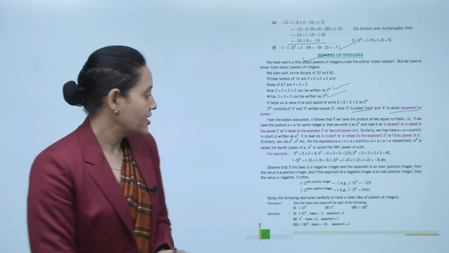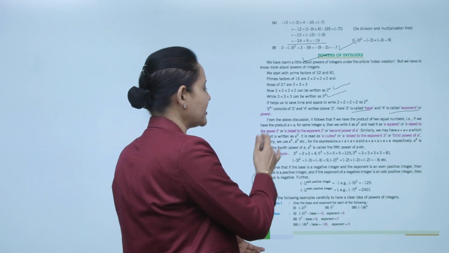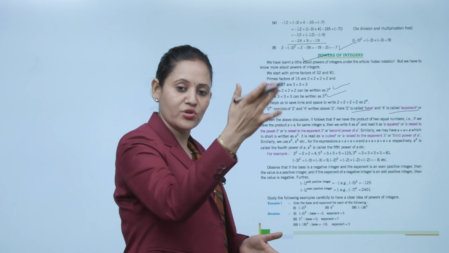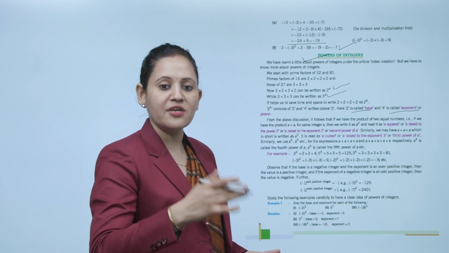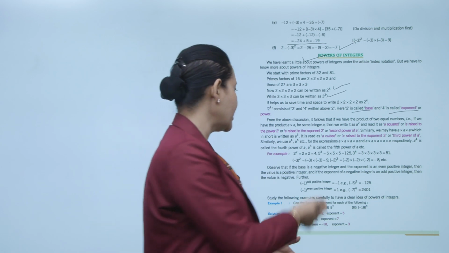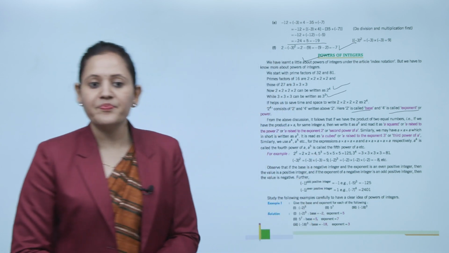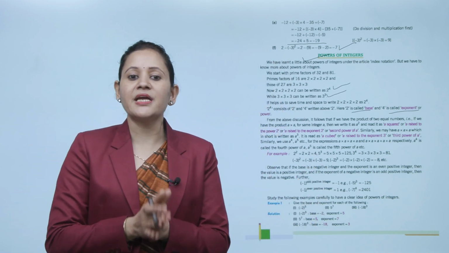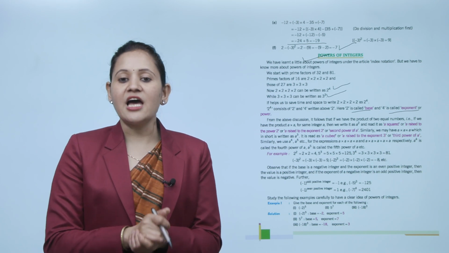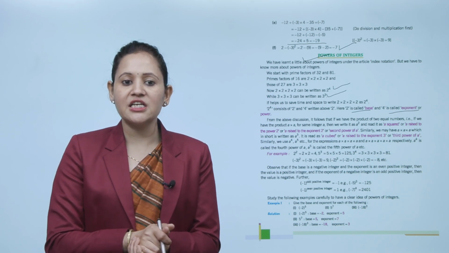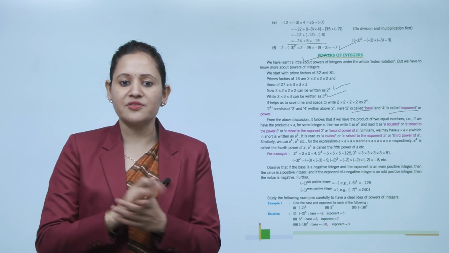For example, 2 into 2 can be written as 2 to power 2, 2 into 2, that is 4. 5 into 5 into 5, that is 125. Clear? Observe that if the base is a negative integer and the exponent is an even integer, then the value is a positive integer.